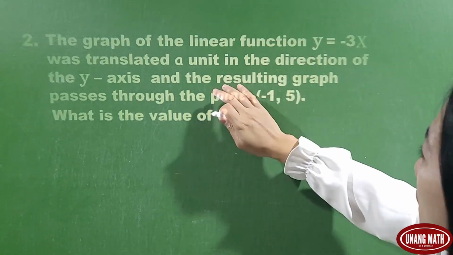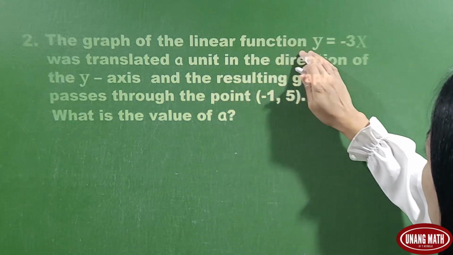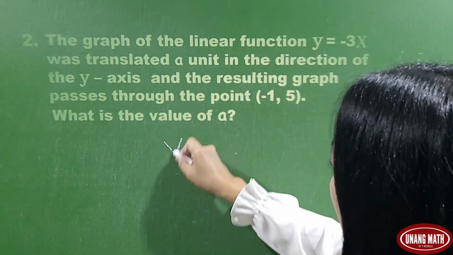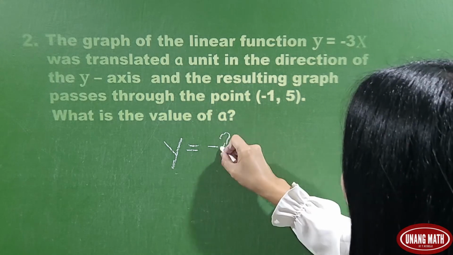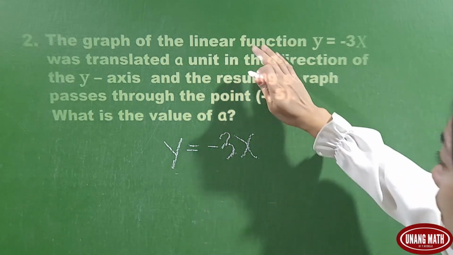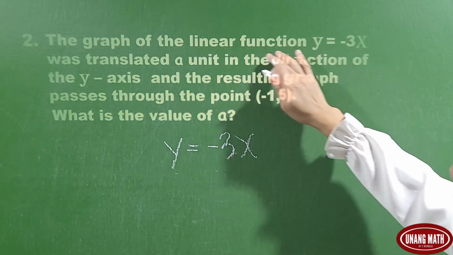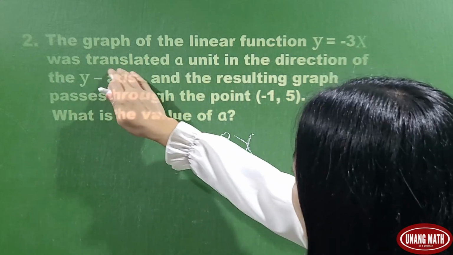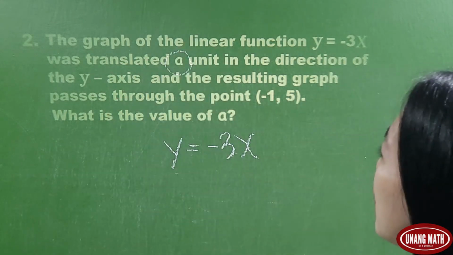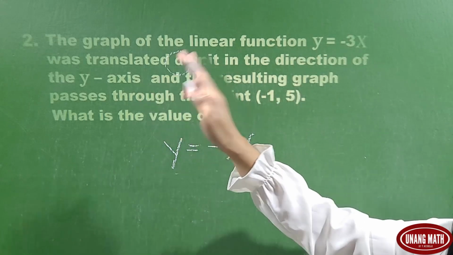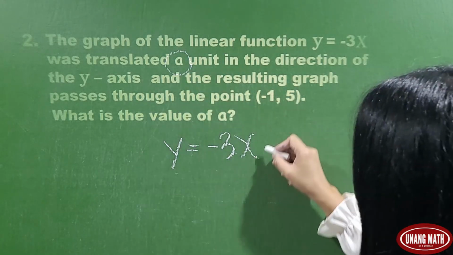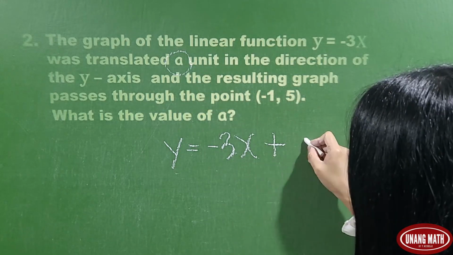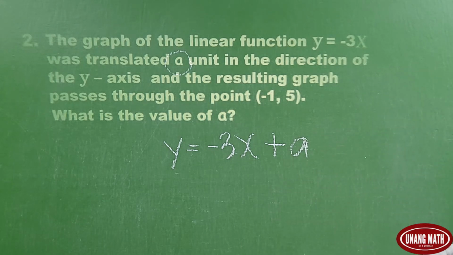In this problem, we have the linear function y = -3x. According to the problem, this linear function was translated a units in the direction of the y-axis, so it means plus a.